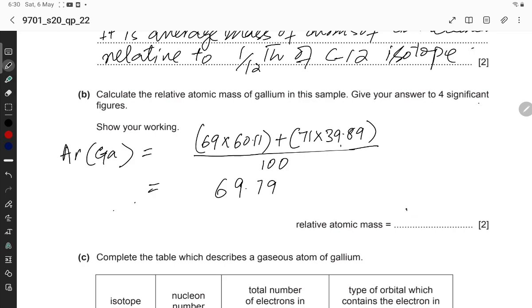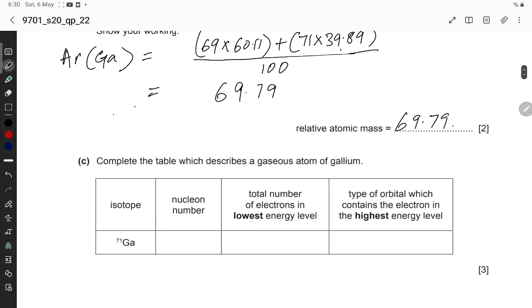So the answer is 69.79, to 4 significant figures.